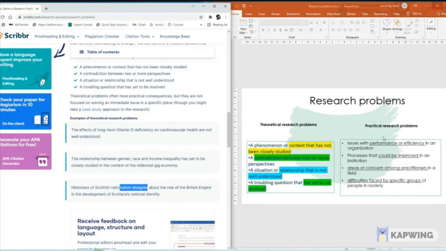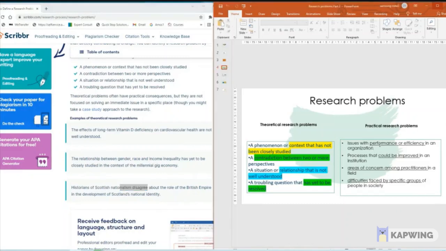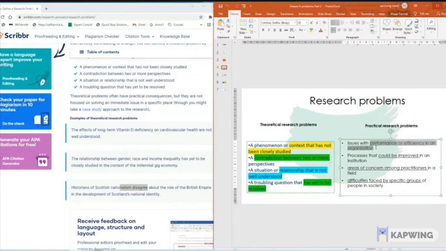On the other hand, it's also good to highlight the research problem related to practicality. It means an issue with the performance or efficiency in organizations or industry. What is the actual problem that is happening? Or it can be that the product process they are using is inefficient.